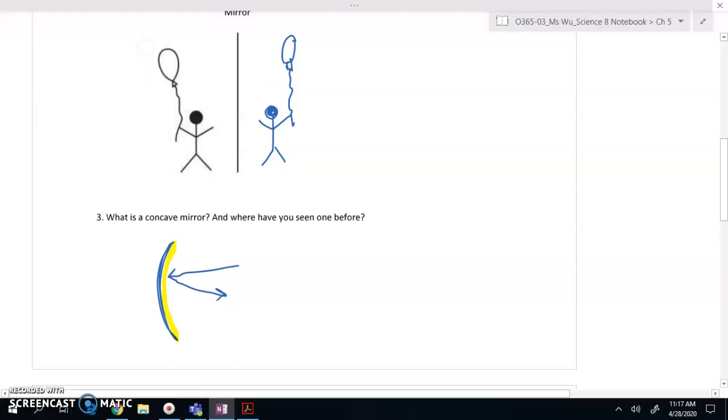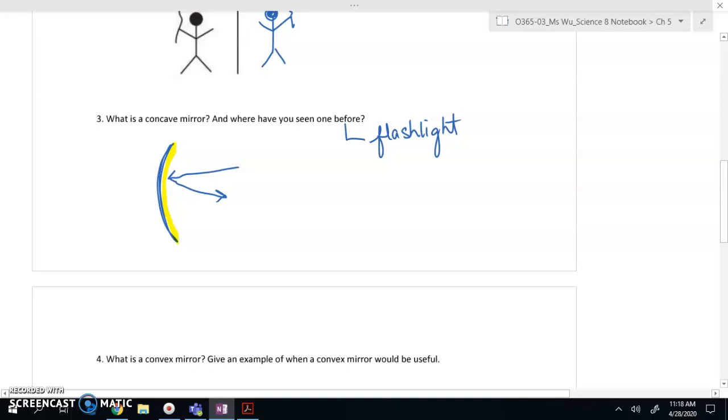I was just looking at a flashlight. I remember looking at the flashlight, putting in a battery and noticing where the light bulb was and a pretty reflective concave mirror in there. That way the light kind of gets concentrated into a very strong, bright beam. And I'm sure you have different answers there too, right? Wonder what your answers are.